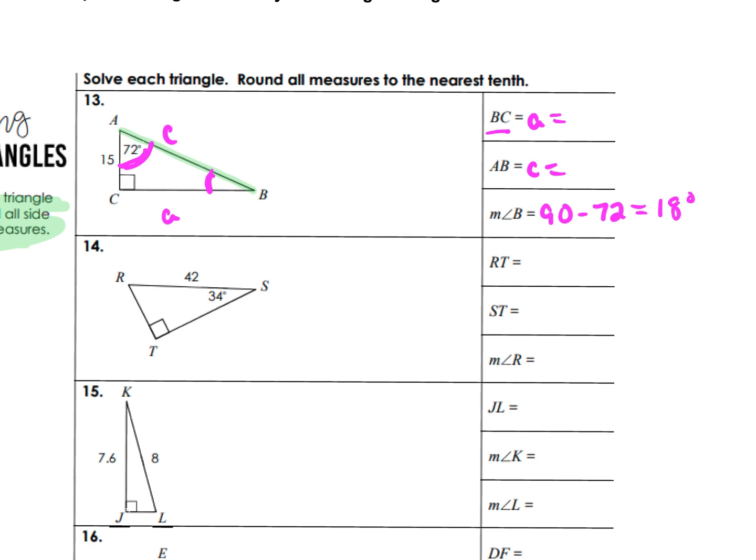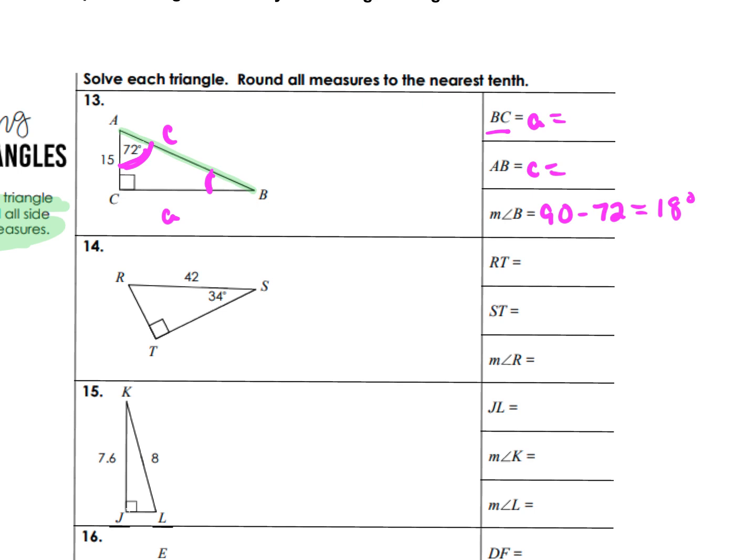Okay? Here's the deal. When I'm doing right triangle trig, I always only use the information that's given in the original problem. Because if we use an answer that we have figured out, and, God forbid, and hopefully not, but if we've made a math mistake, then that means all of our other answers are going to be wrong.